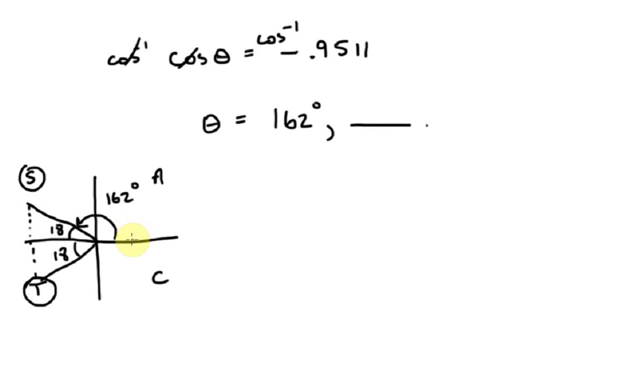Now it's getting a little messy here, but remember, it starts here, and you'd rotate through the 180, and then you'd go the extra 18. So one way to figure it out is you can say, yeah, it's 180 plus 18. And so that's going to be, looks like 198. Okay, and that works just fine.